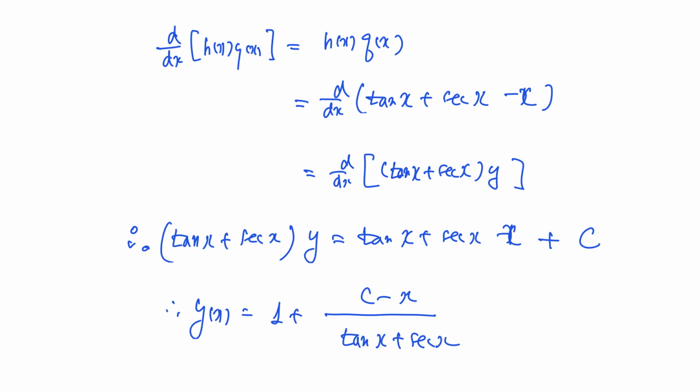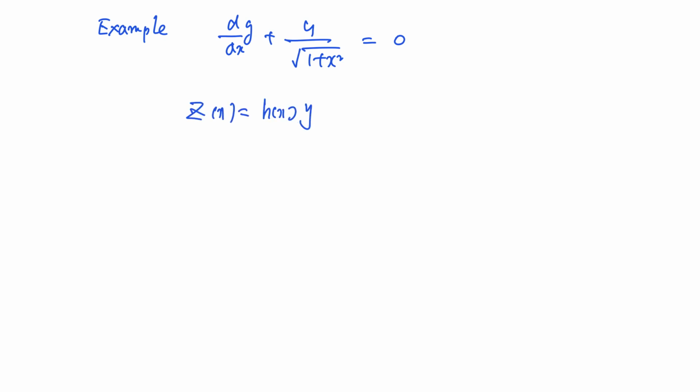Let's consider another example. dy/dx plus y divided by the square root of 1 plus x squared equal to 0. So d/dx ln h(x) is given by 1 over the square root of x squared plus 1.